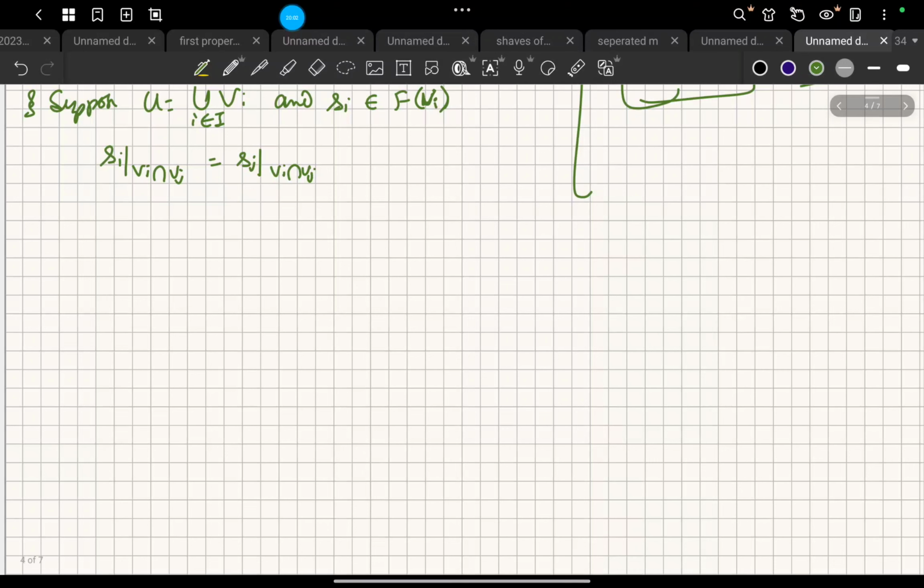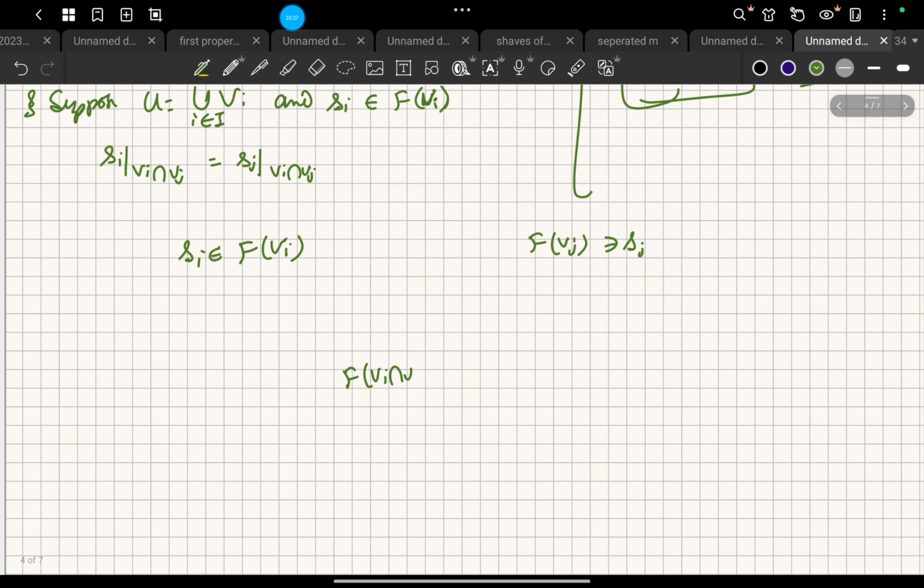That means if we have F of Vi here and another F of Vj here, we have a collection of sections, say Si from Vi and Sj in Vj. Now see that Vi intersection Vj is a subset of Vi as well as Vj.